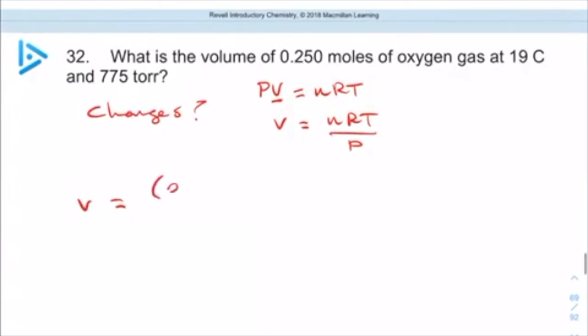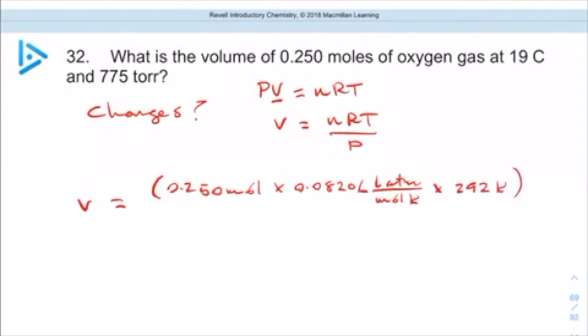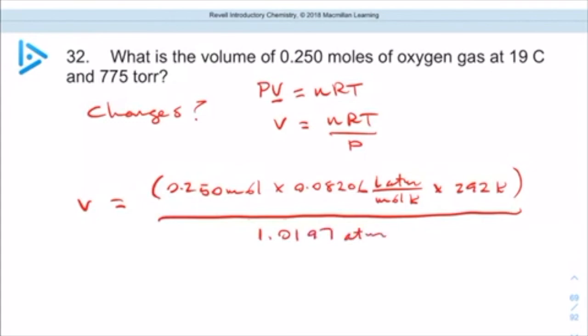So volume equals 0.250 moles times 0.08206 liters atmospheres over moles Kelvin times 292 Kelvin, all over our pressure, 1.0197 atmospheres, 3 sig figs.